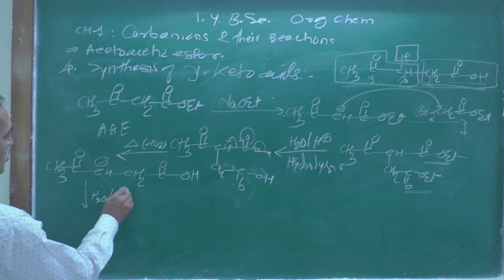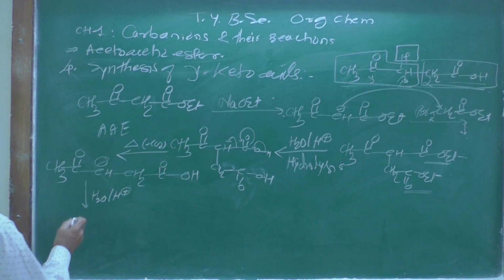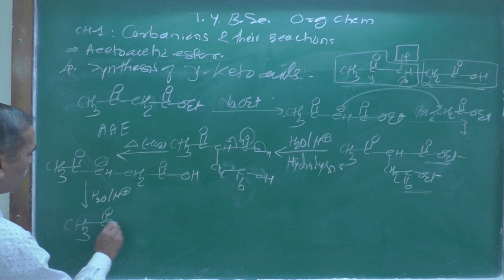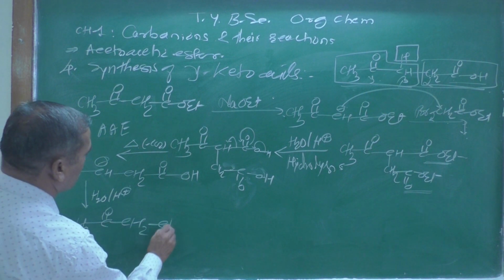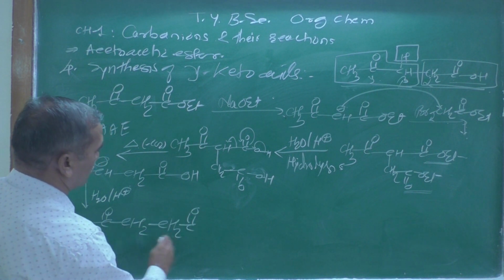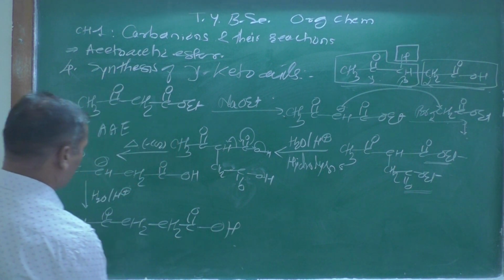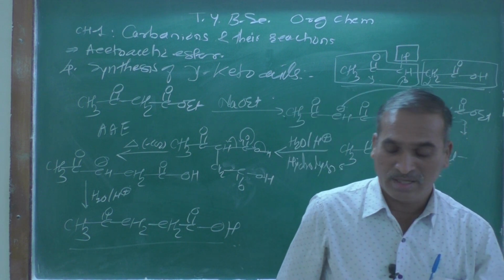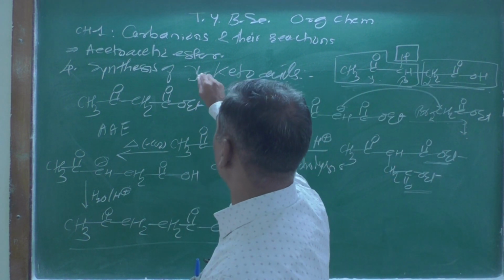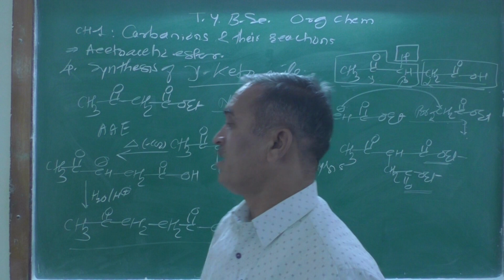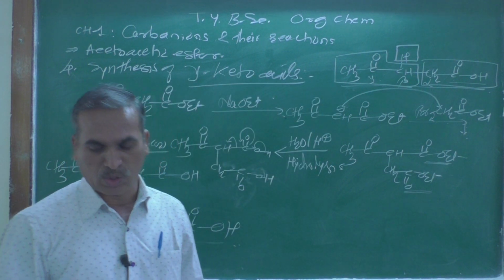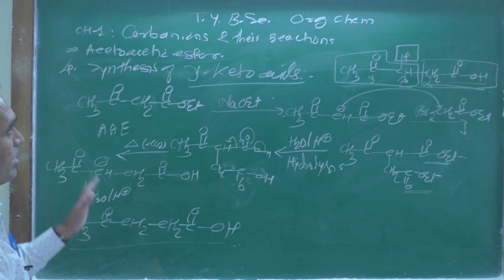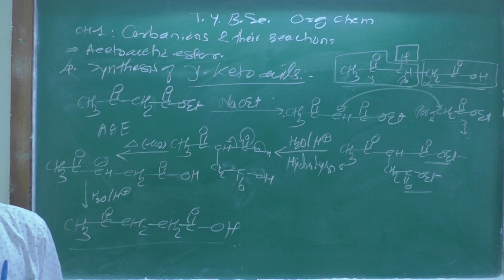H2O in presence of H plus, this will pick up the proton, and you are going to get CH3 C double bond O, CH2 and C double bond O and OH. This will be our final product, or what we can call the desired product, which we are synthesizing, a gamma keto ester. Got it? This is another way of getting this one, gamma keto ester.